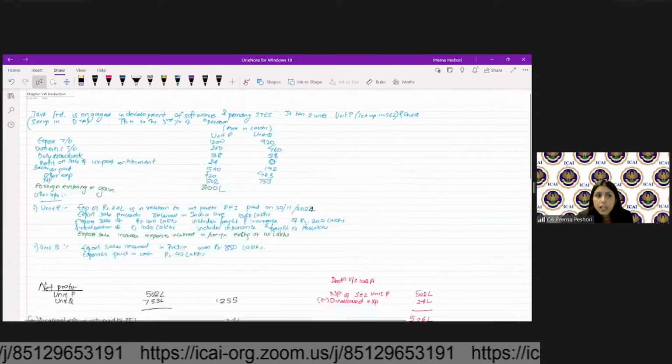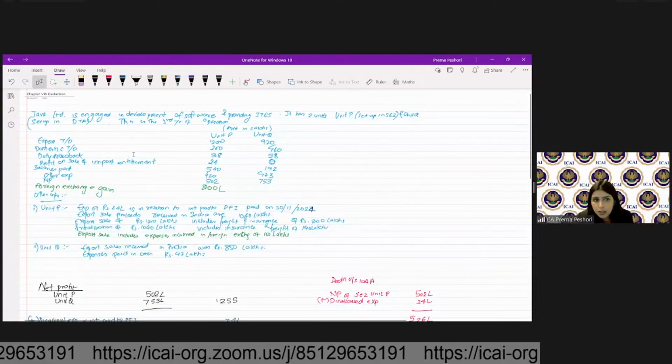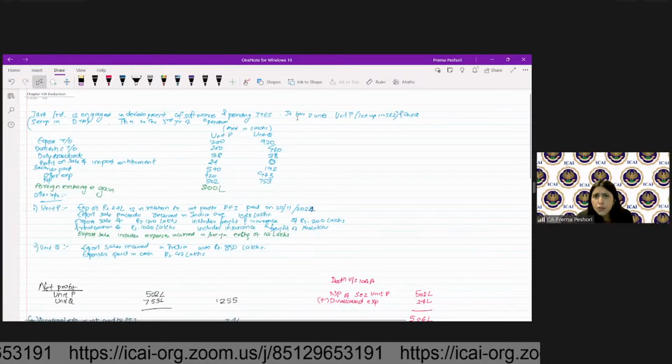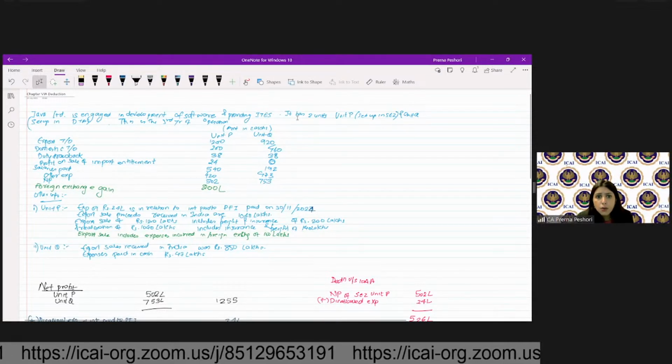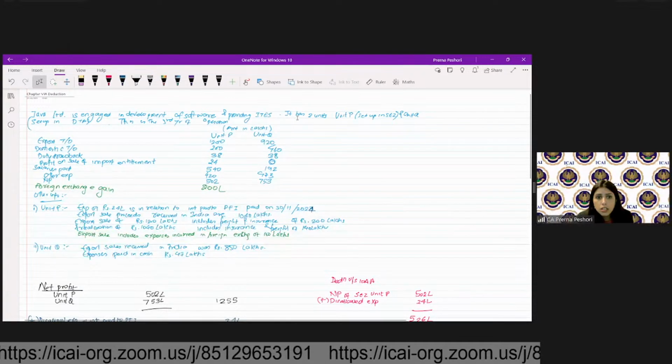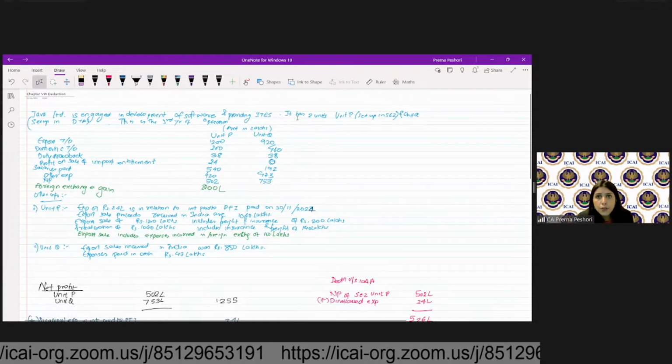Are we clear? Then profit on sale of import entitlement. Whether this will be eligible for deduction, the answer is no. Again, this is not profit derived from eligible business.